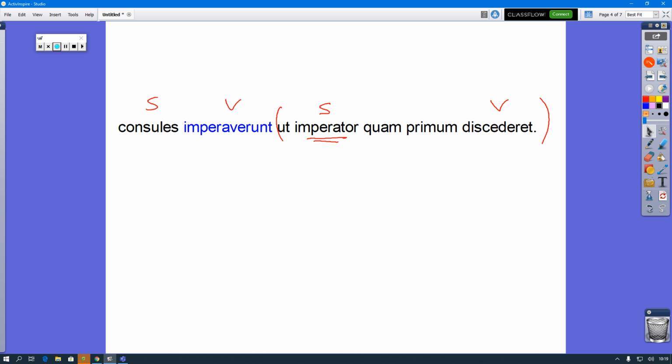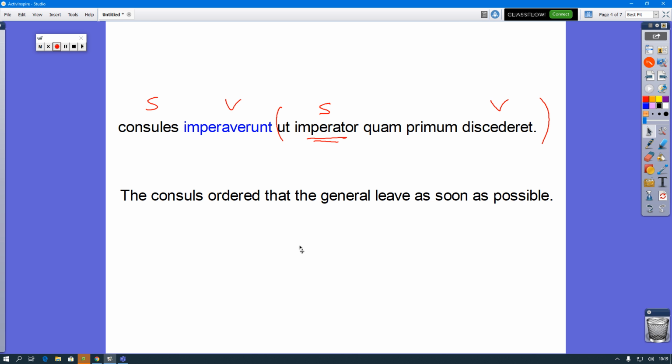So here, we're going to have to use that instead. The consuls ordered that the general leave as soon as possible. Leave is a funny tense here. It's an English subjunctive. That the general leave as soon as possible. Notice quam primum here.